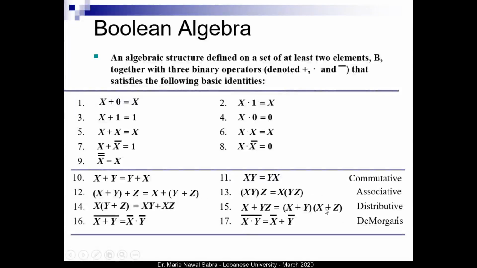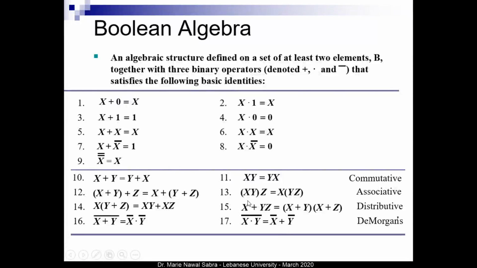Same for the complementary equation. And the law that is most used, De Morgan's law: the NOT of the whole expression x OR y is NOT x AND NOT y. So we not only do the opposite of the variables, but also of the expression. And also the NOT of x AND y is NOT x OR NOT y.